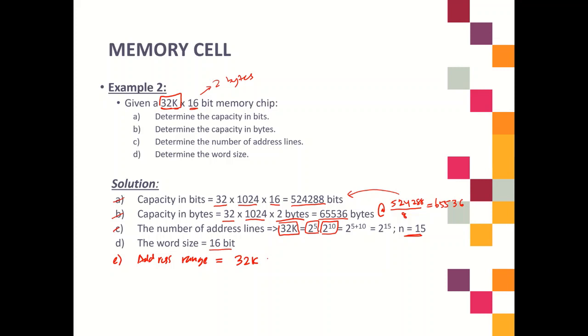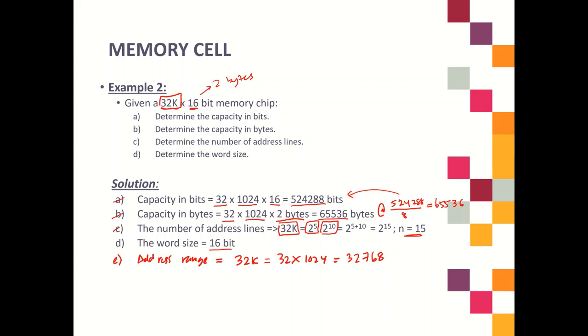So what is the value of 32k? 32k is 32 times 1024, so you will get 32768.